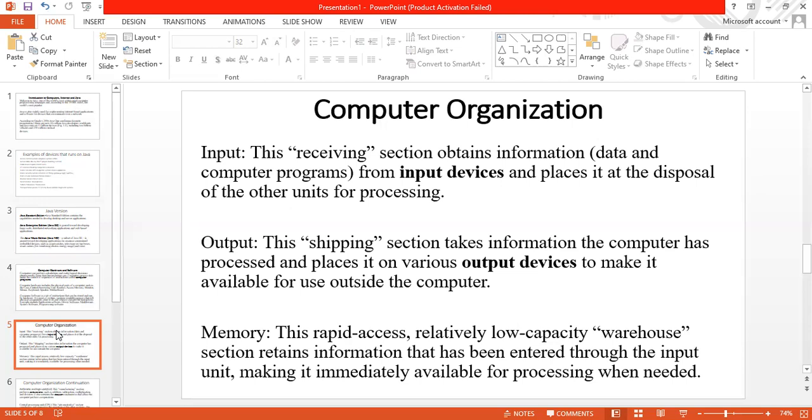After we receive our ingredients, that is the receiving section, we've input it. Now we've prepared the food, and we take it from the kitchen to the dining table to eat. The information that has been processed is given back to the outside world. This is a typical example of output.